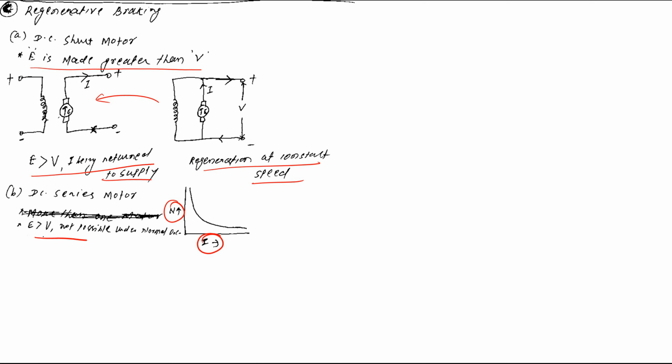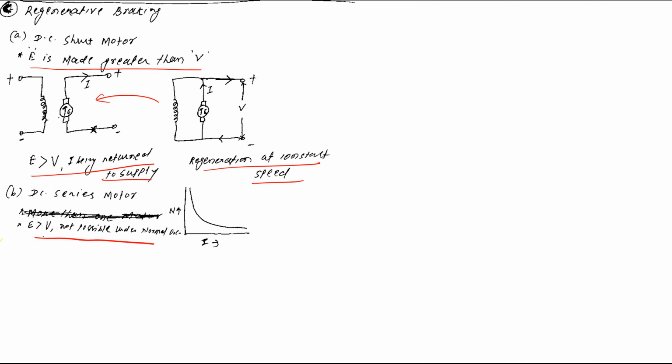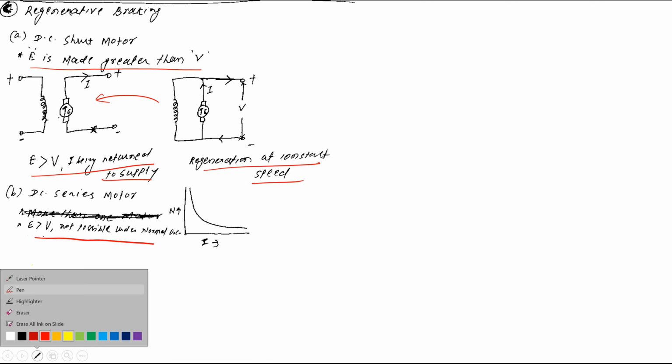And in a series motor, this is not possible under normal conditions. So maybe I should highlight this point. Why is it like this?